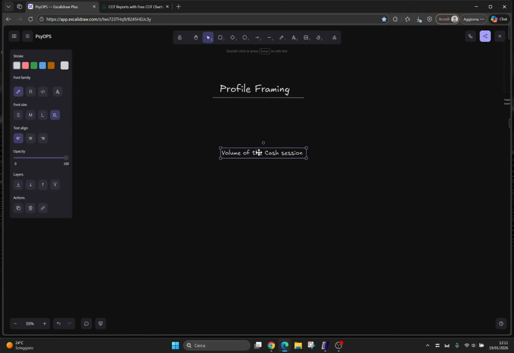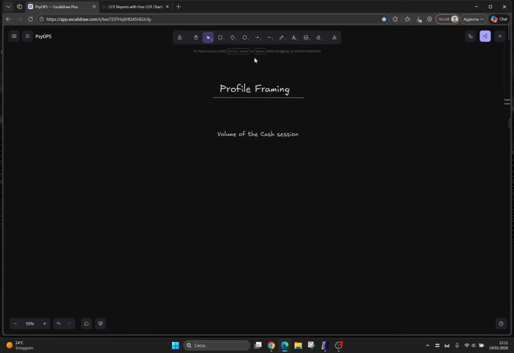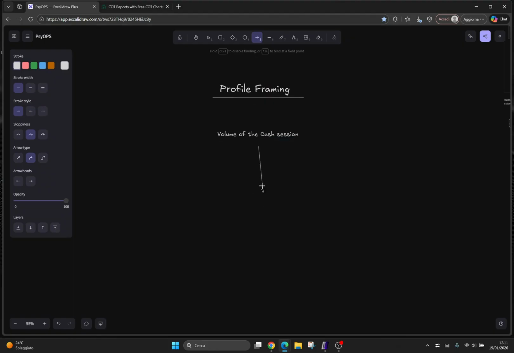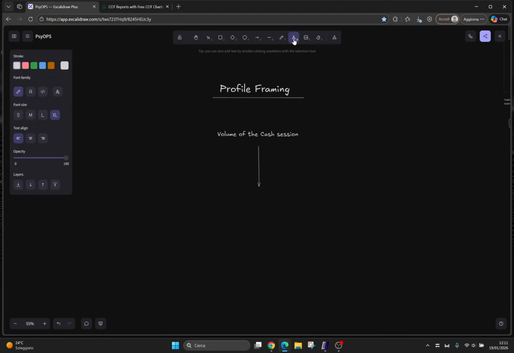Okay. This template lets me see the majority of market participants' interaction and sensitive levels for the week and day.